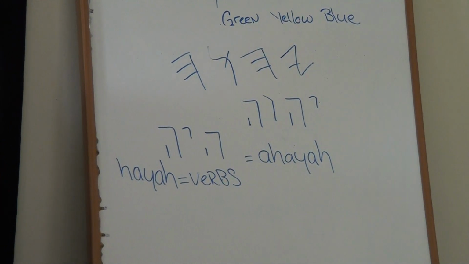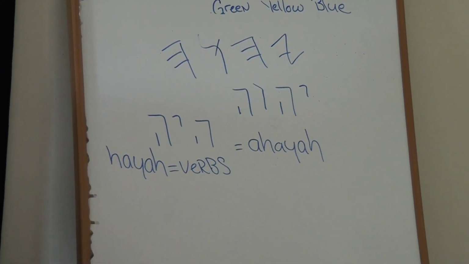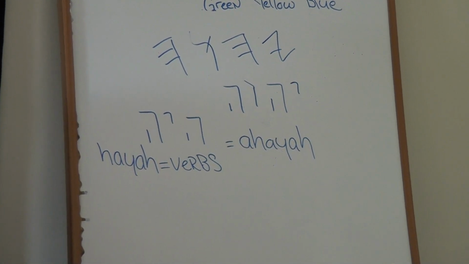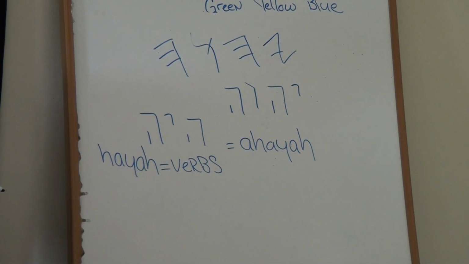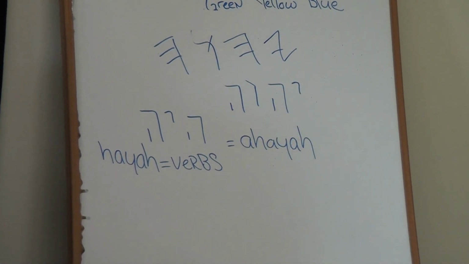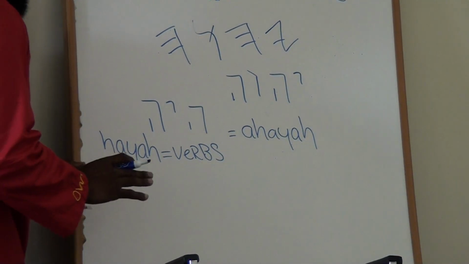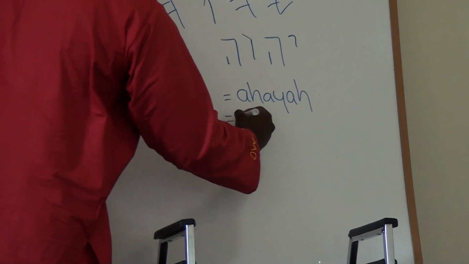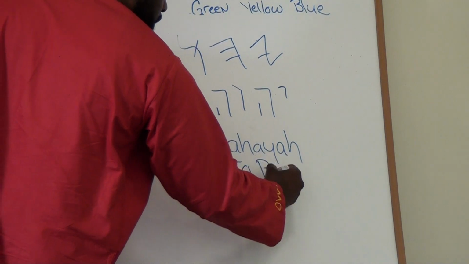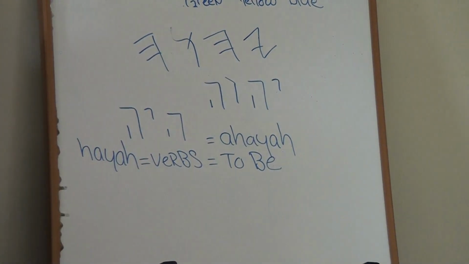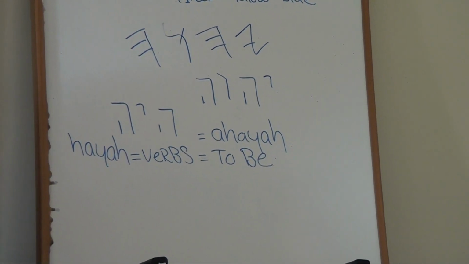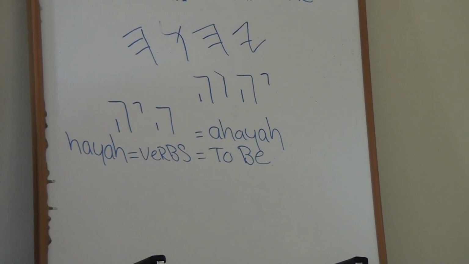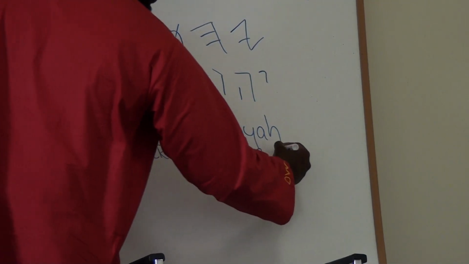We'll get into that a little later when we talk about first person, second person, singular, masculine, and feminine words. Now the word Hayah is a verb, and it means to be. Now, to be is future tense. So this is future.